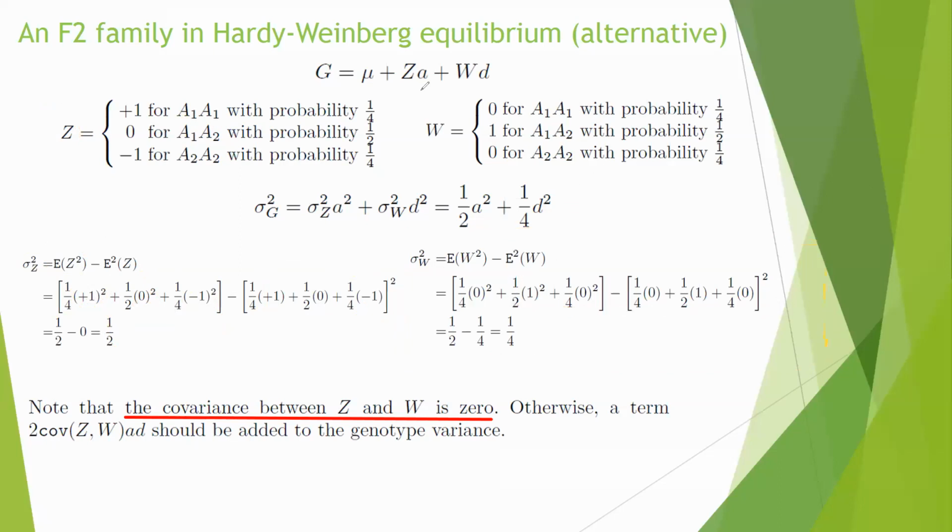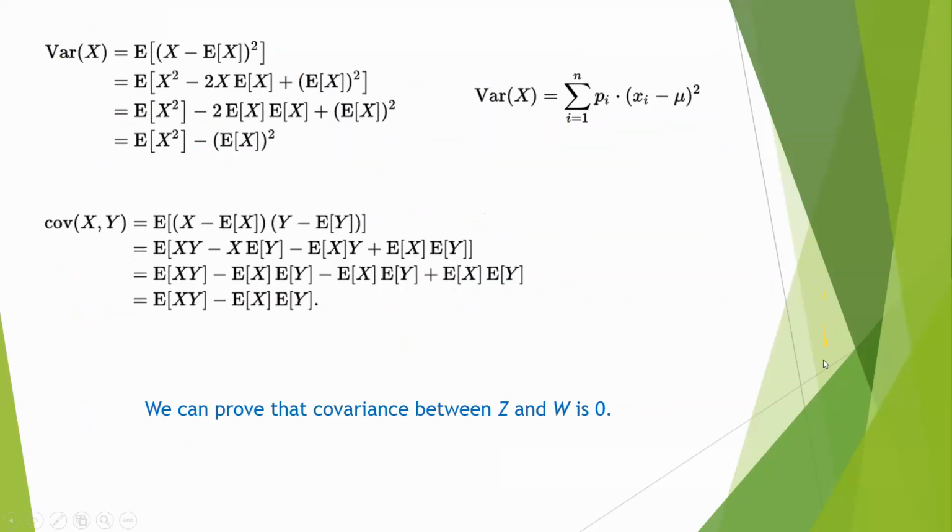And in this case, these 2 random variables, the Z variable and the W variable, Z is for the additive effects, and the W is for the dominance effects. And the covariance between Z and W equals 0. So we're going to show you why this is true. I'm not going to spend too much time on this.